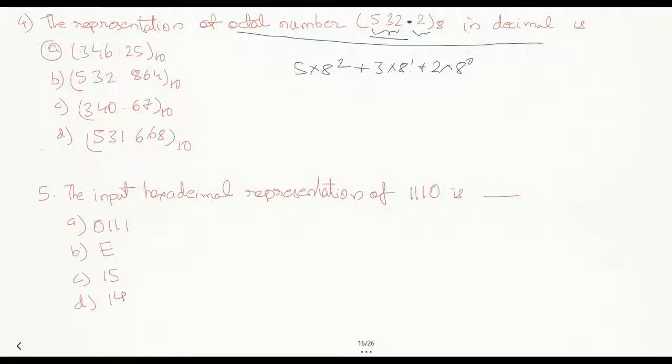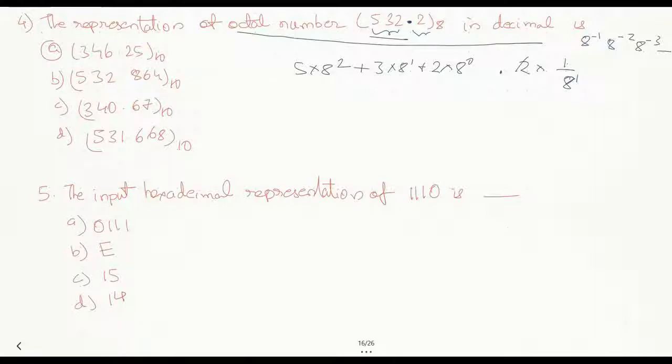And for the fractional part, let us just keep an imaginary point over here. So the positional values on the right side of the point are 8 to the power minus 1, 8 to the power minus 2, 8 to the power minus 3, and it keeps on going like that.